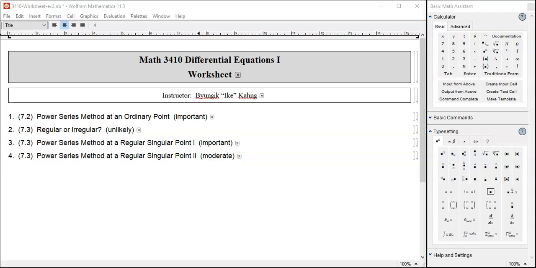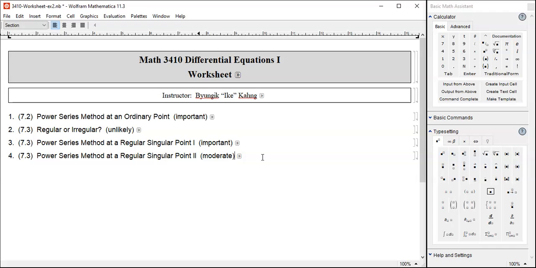Let's go to this worksheet, and here we're going to talk about mainly two topics: a power series method at an ordinary point, topic number 1, and a power series method at a regular singular point of type 1. There are different types of regular singular points, and of course there are irregular singular points.